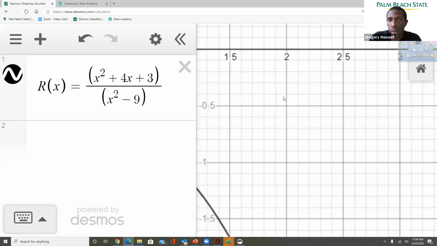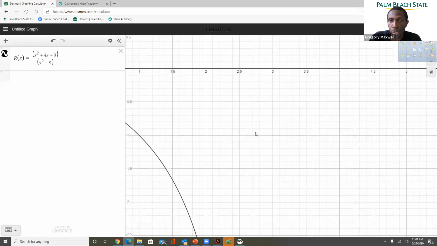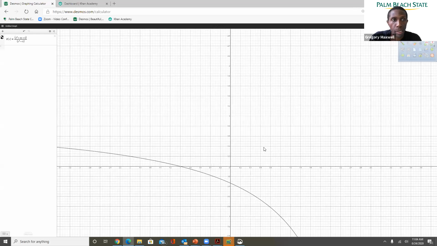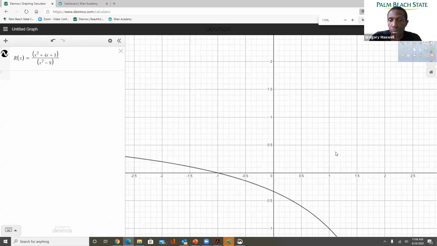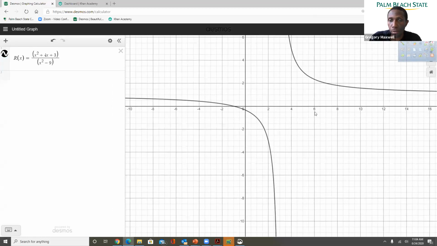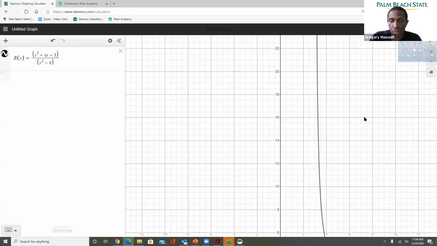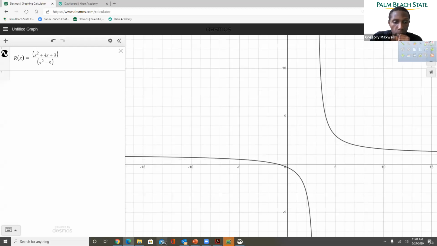And then over to the right side, when we look at 3, there's a vertical asymptote at 3. So that's what the graph looks like.